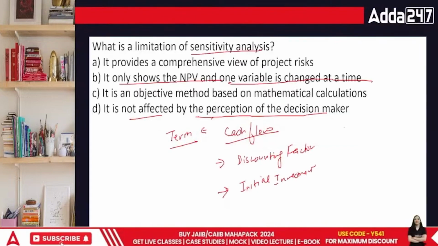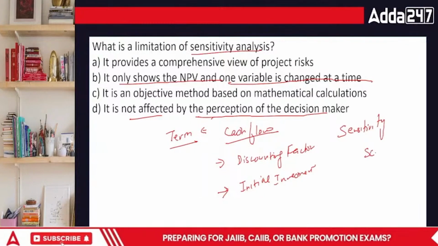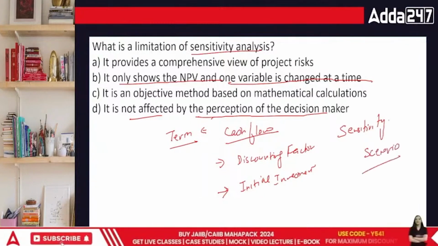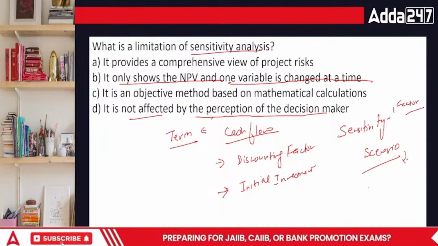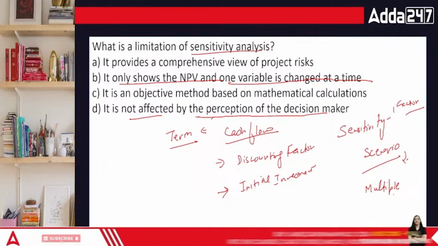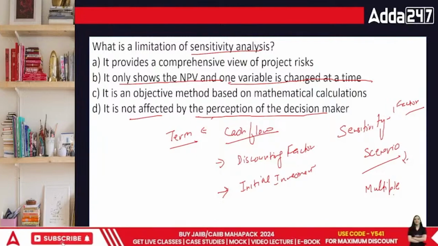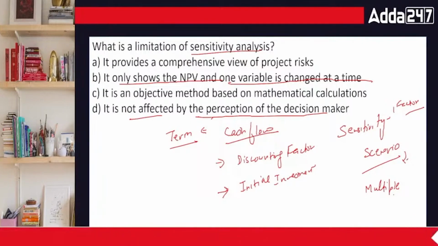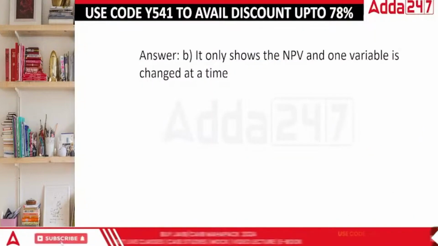The difference between sensitivity and scenario is that sensitivity takes one factor at a time, while scenario takes multiple factors. Multiple factors changing at one point of time have a greater impact. So in this case, the answer is it only shows NPV and one variable.